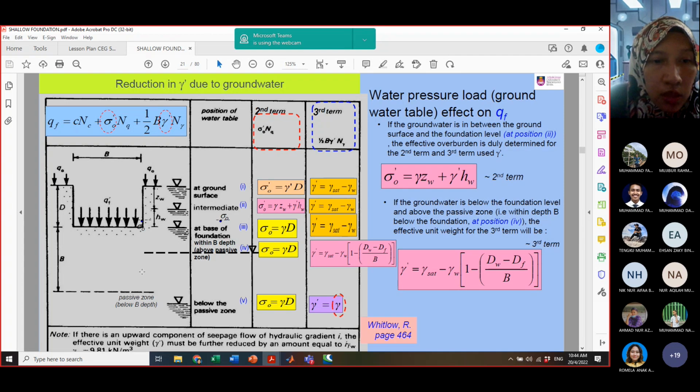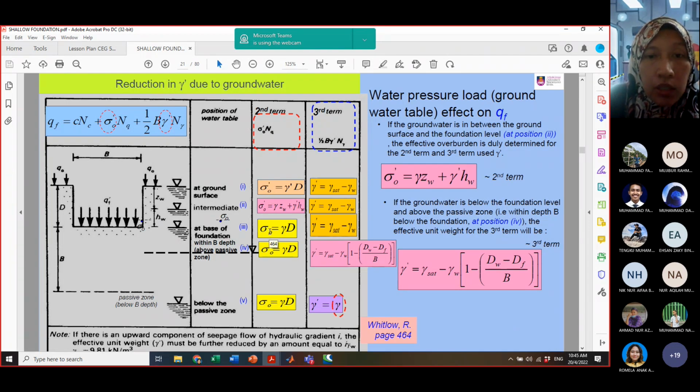So this is the condition where the water is already somehow in this zone area. So we can say our overburden pressure is in a dry condition. That's why overburden sigma naught here is no longer gamma effective. It is the ordinary gamma. You can use gamma bulk or you can use gamma dry according to the information given to you. That's why sigma naught here is no longer effective sigma. It is total sigma.